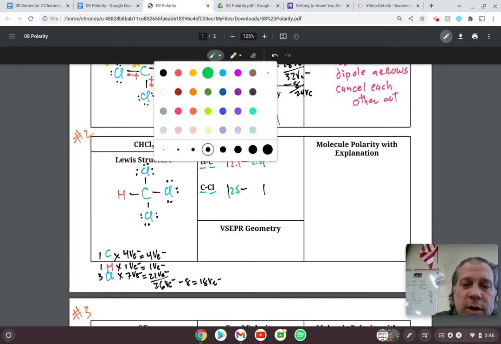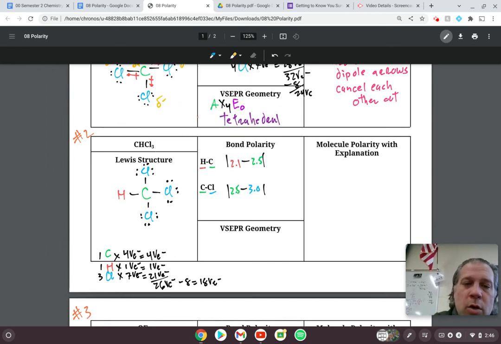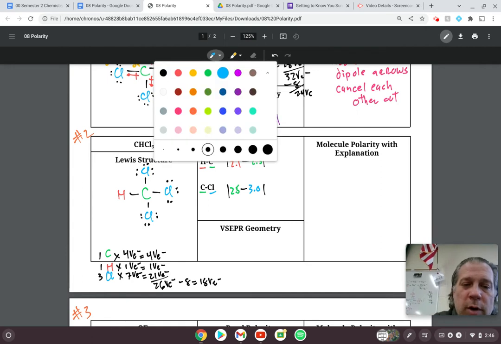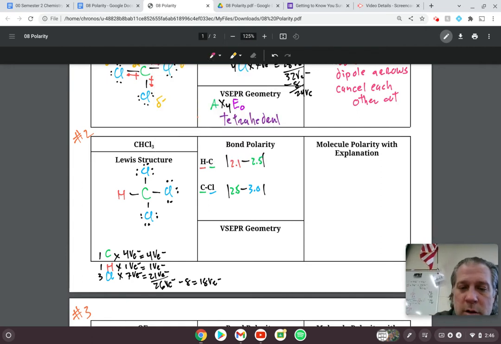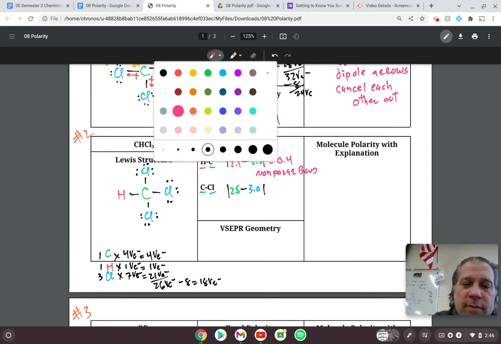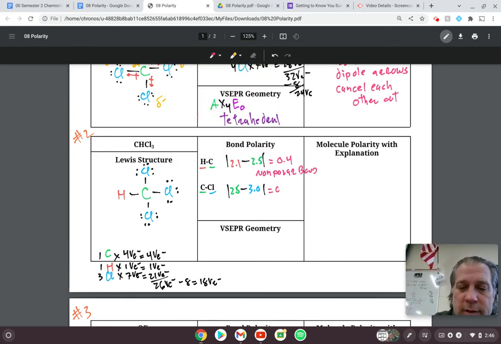And chlorine has an electronegativity of 3.0. When I subtract 2.1 from 2.5, I get 0.4, making it a non-polar bond. If I take 2.5 from 3.0, I get 0.5, making those bonds polar bonds.